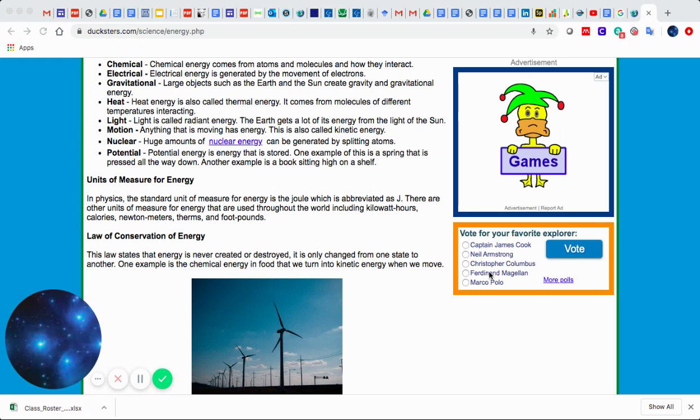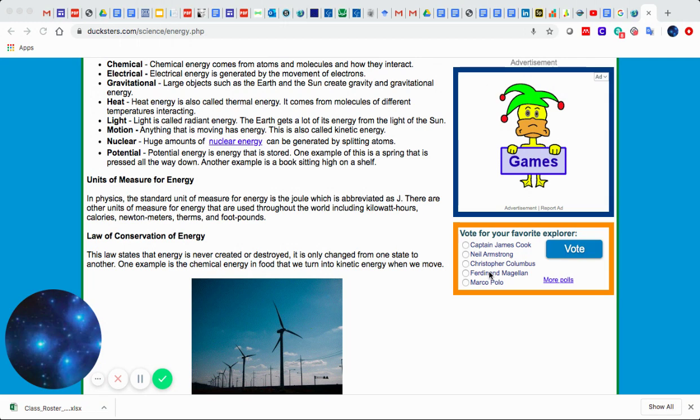So energy and work have the same unit of measurement. That's probably going to be a good thing to remember when we're doing calculations. There are other units of measure for energy that are used throughout the world, including kilowatt hours, calories, Newton meters, therms, and foot pounds.